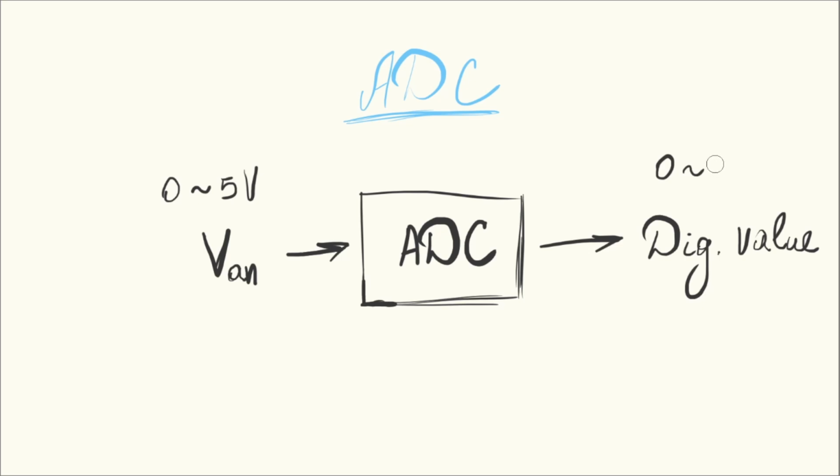The maximum value in our case, in ATmega328P, will be 1023. And where does this value come from? This is 10 bits. So if we raise 2 to the power of 10, we get 1024, so values up to 1023. 10 bits is the resolution of our ADC.